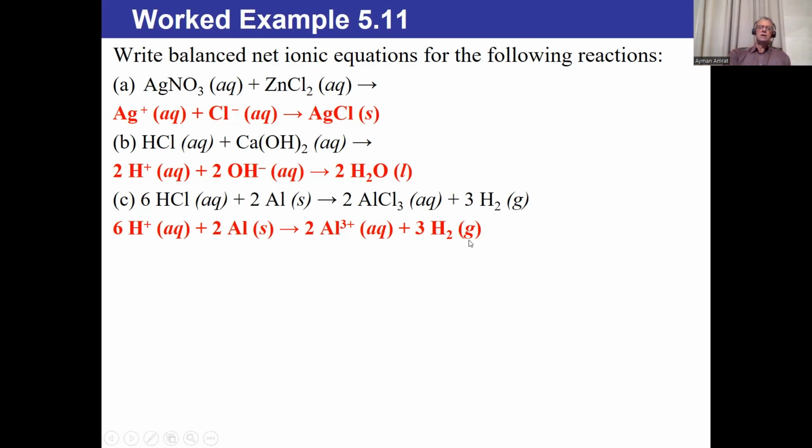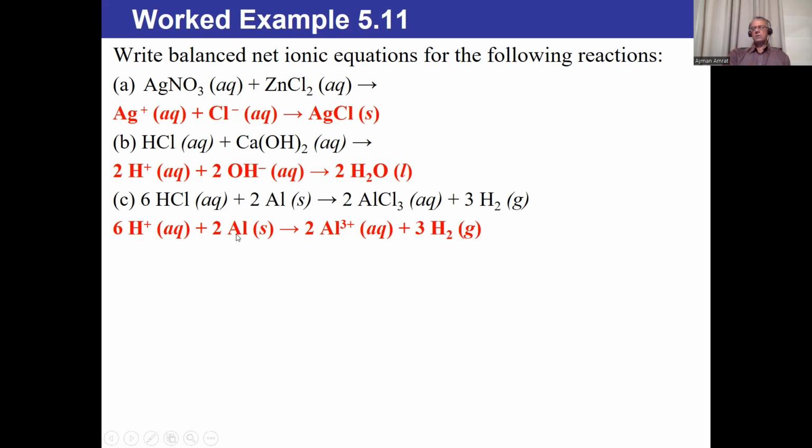The net ionic equation is balanced in number of atoms, and the charge is also balanced. For example, +6 on the reactant side, and 3+ multiplied by 2 gives +6 on the product side.